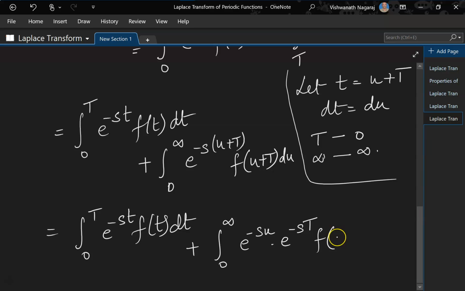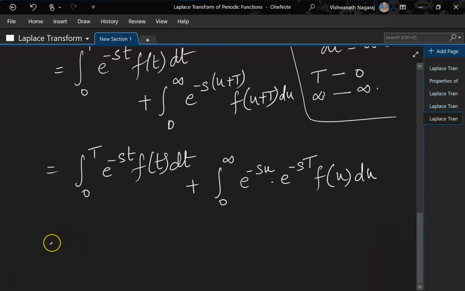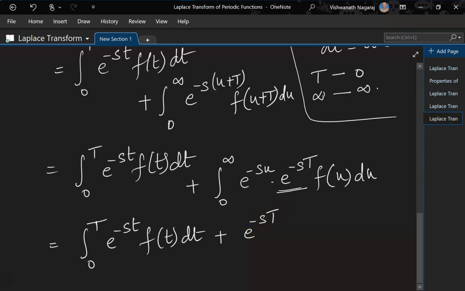So this first part remains as it is, and in the second part there is no u in the factor e to the power of minus s capital T, so we can take it out, times the integral from 0 to infinity of e to the power of minus su f of u du.